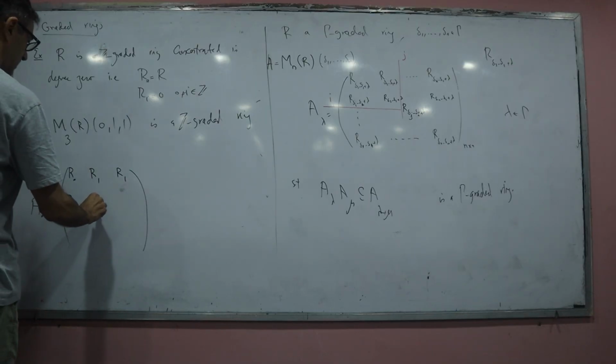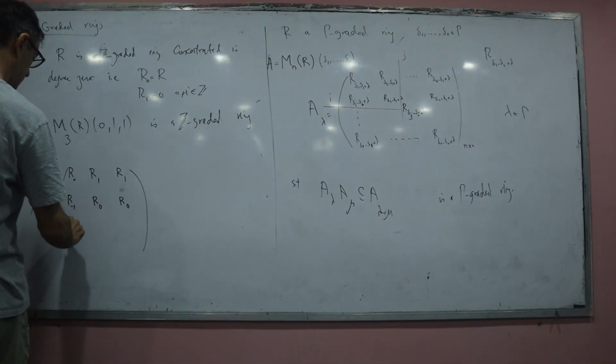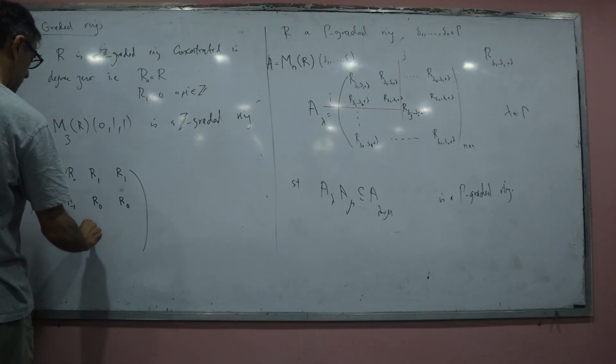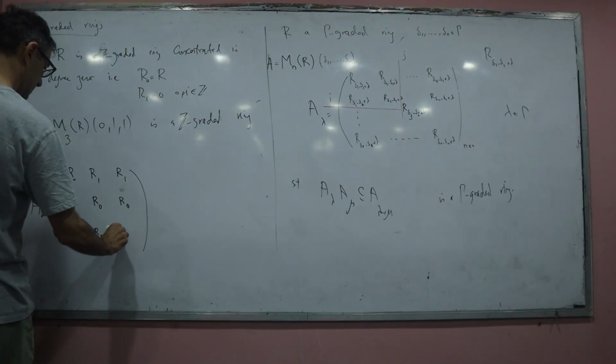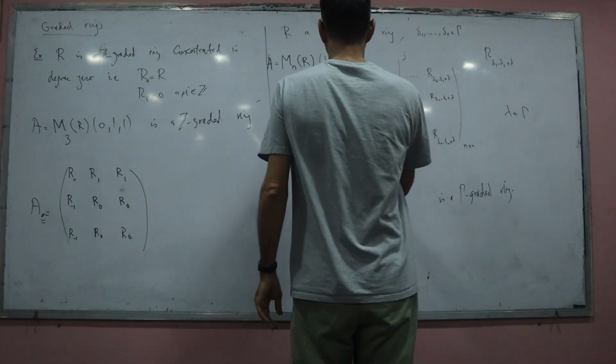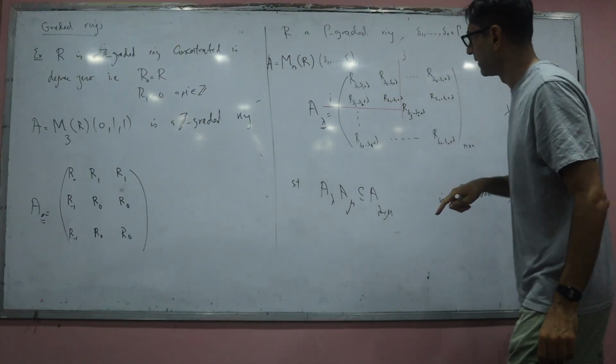This is 0, 0. I think this is what you get. Just plug in there. Hopefully what I wrote here is correct. So this is 0, this is this bit here, this is this lambda.